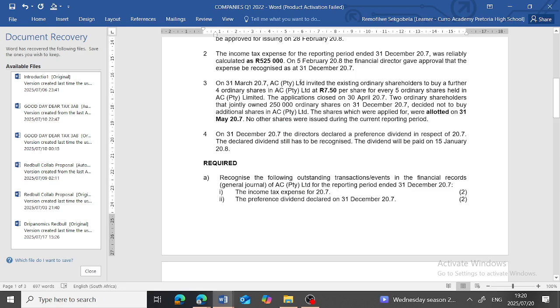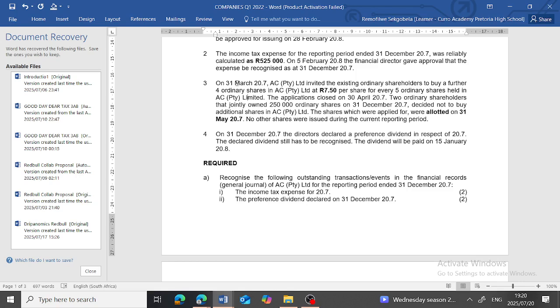On the 31st of March 2017, ACPTY invited existing ordinary shareholders to buy a further 4 ordinary shares in ACPTY at 7 rand 50 per share for every 5 shares held. The applications closed on the 30th.